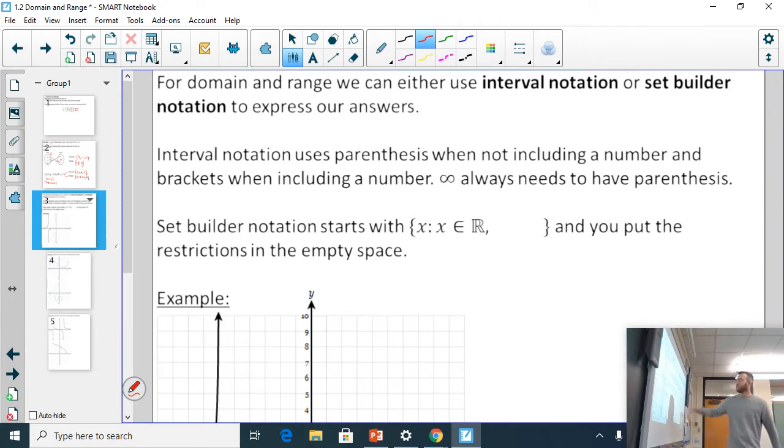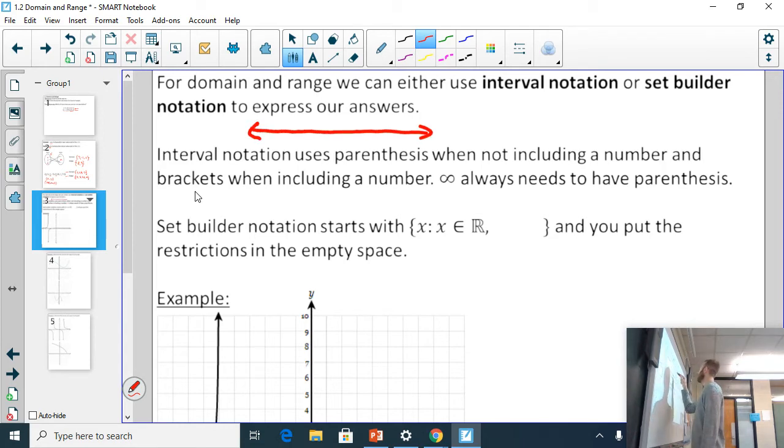So for domain and range, we can either use interval notation, which I talked about at the beginning, or set builder notation. And then there's one more alternate way to write them, which I will go over. So interval notation uses parentheses when not including a number and brackets when including a number. Let's just think simple and think on a number line.